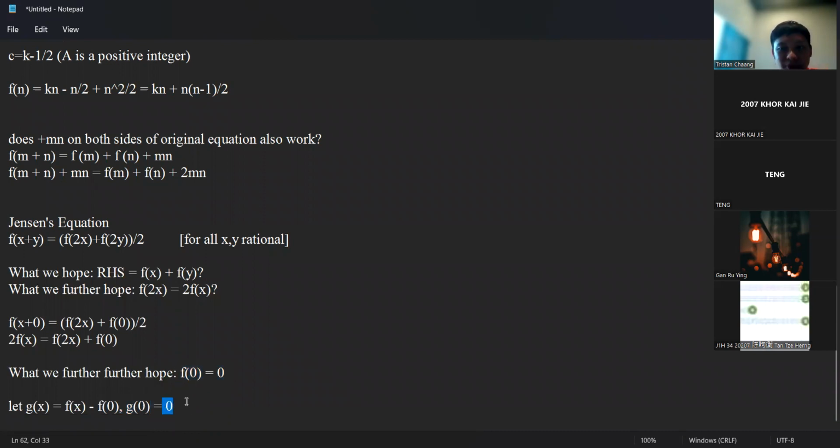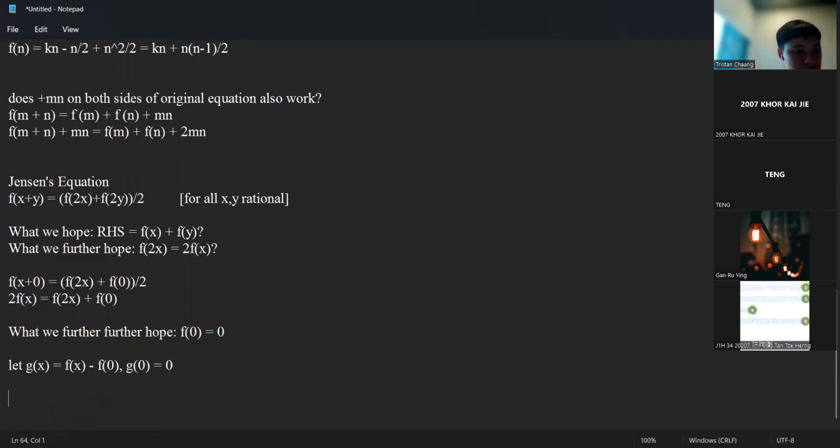Here is where we get a clever substitution of g(x) equals f(x) minus f(0) by studying the equation. If I let this substitution be true, we can reverse everything we've done. So we get g(2x) equals 2g(x), and g(x plus y) equals g(x) plus g(y).